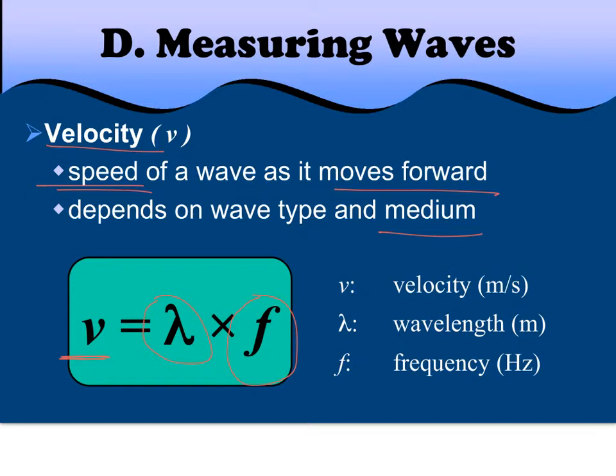The frequency is how many full waves pass by a given point in 1 second. You can see that velocity is measured in meters per second. Wavelength is measured in meters because it's distance. And frequency, which is a new term for us as well, is measured in the units hertz.